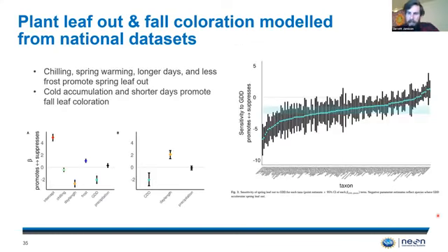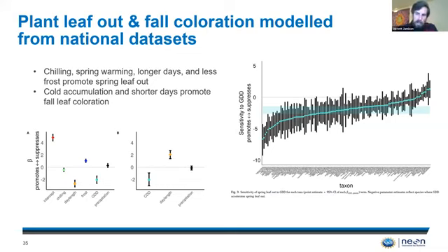So here, the figure on the left shows you what the model predicts for the mean sensitivities among species and regions of deciduous trees and shrubs phenology to environmental drivers. Panel A, spring leaf out, and panel B, fall leaf coloration, show estimated mean sensitivity, the 95% confidence interval for each environmental driver, plus the baseline hazard rate or intercept.